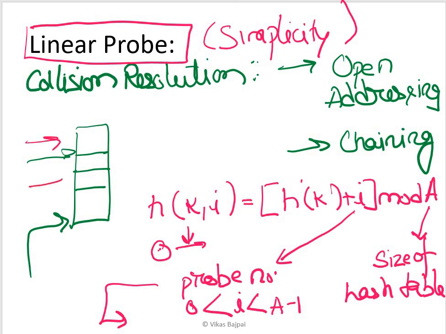So for a given key k, I can have this particular value from 0 to the last one. And that's how I am trying to find the vacant position where it can be adjusted.